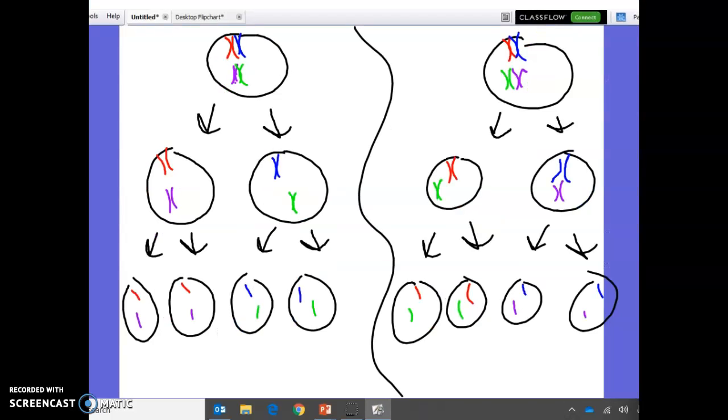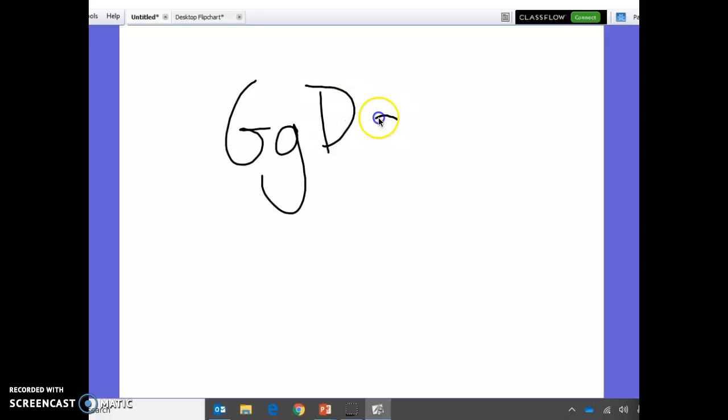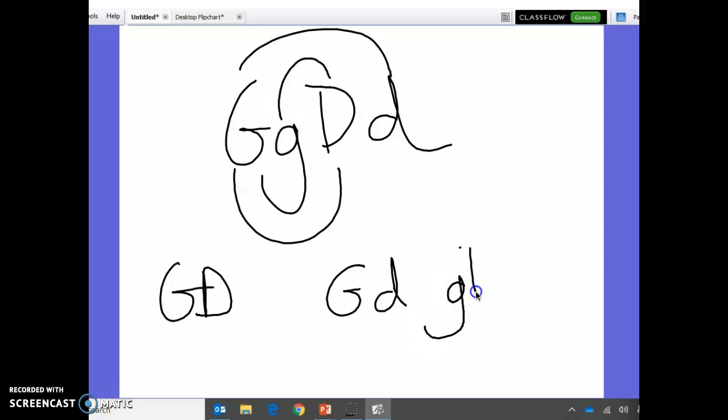But you might remember that when we were figuring out possible gametes, I taught you a quick FOIL method, right? So if we have big G, little g, big D, little d, we can FOIL this like you do in math to figure out our 4 possible gametes.